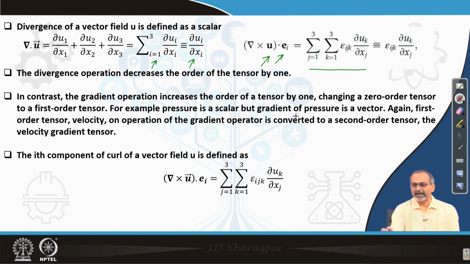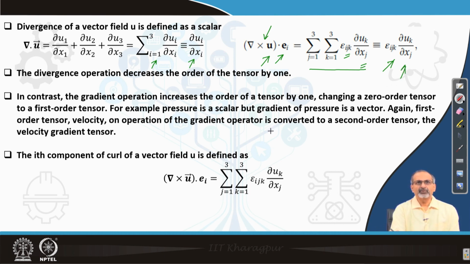Remember that j and k are the repeating indices here, and when you perform the double summation, you can show that it ultimately gives you epsilon ijk del uk del xj. So, here what we are basically talking about is that when you do a curl of u and then dot it with the unit vector along the i direction, it should end up producing a scalar for you. So, that is basically this scalar form.